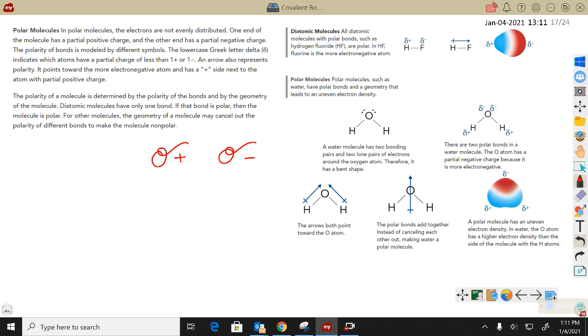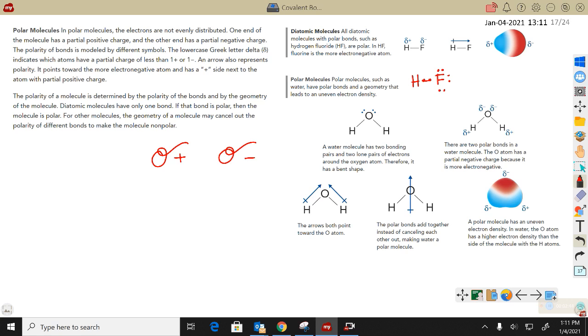And when we draw Lewis dot structures, we might draw something that looks like this, where there's 1 electron and then 7 valence electrons on my fluorine. I can connect the dots, and often that's how we draw our dot structure.